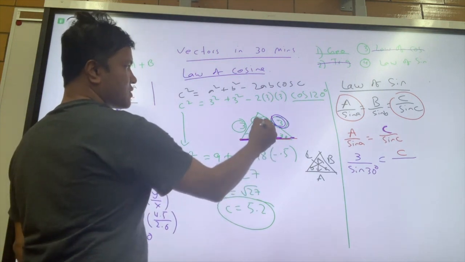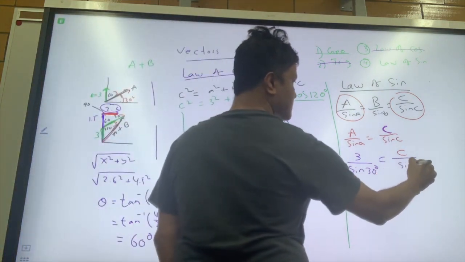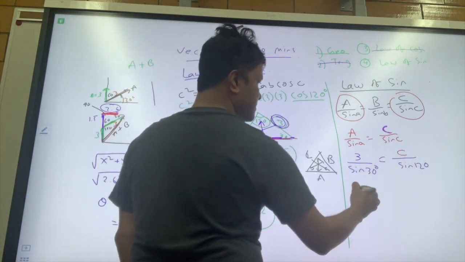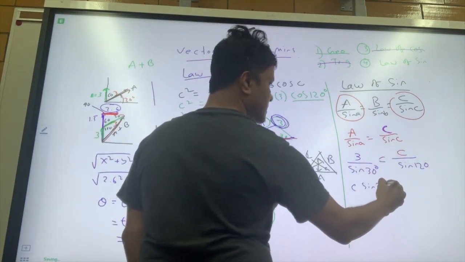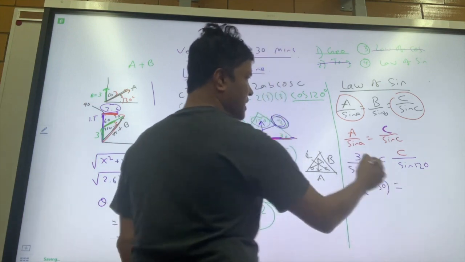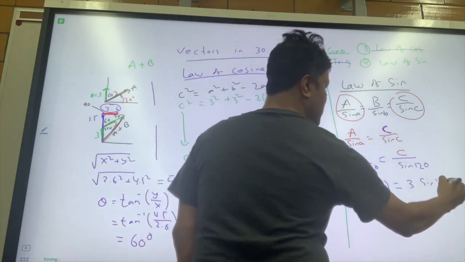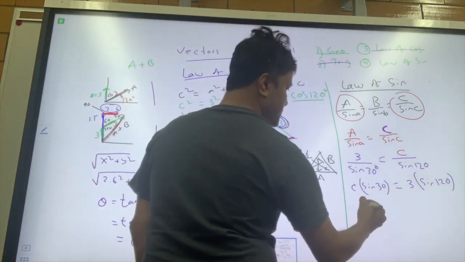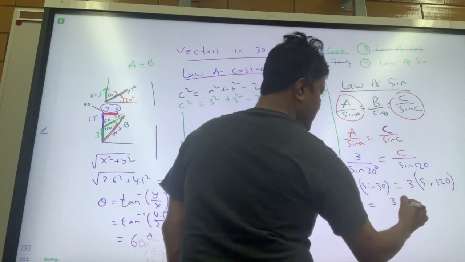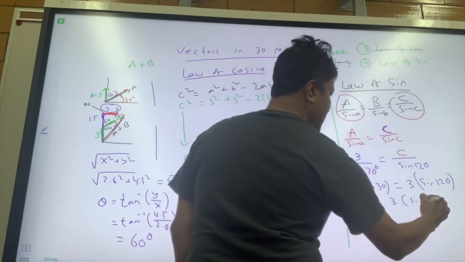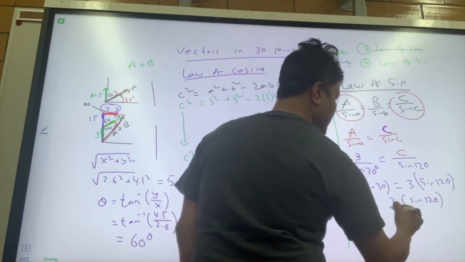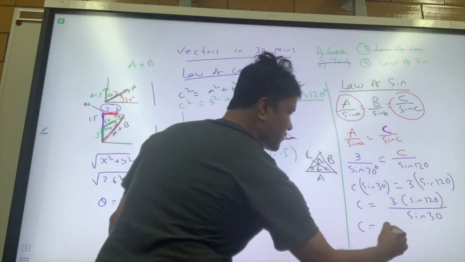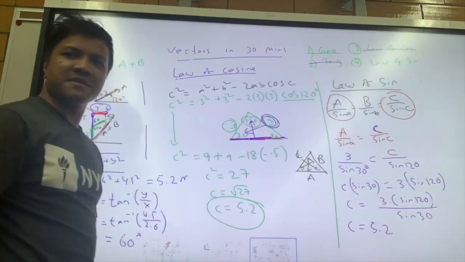C is this one. So then it's 120. So C over sine 30 is equal to 3 over sine 120. C is equal to 3 sine 120 over sine 30. So C is equal to 5.2. This is called magic.